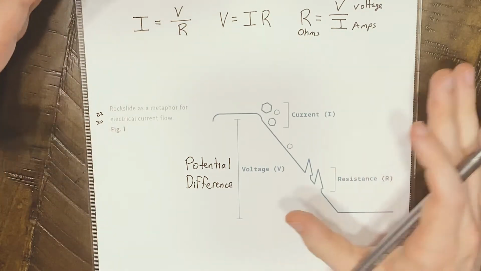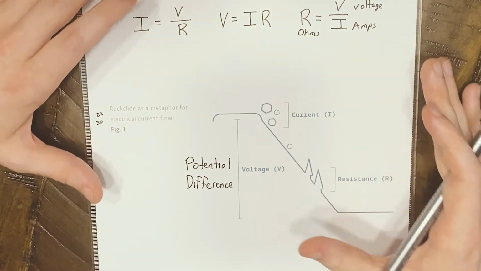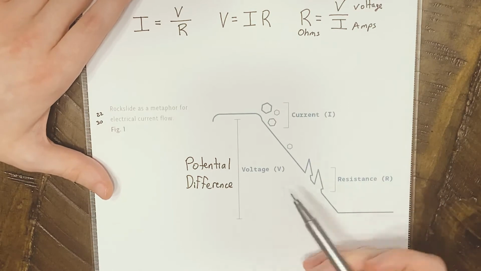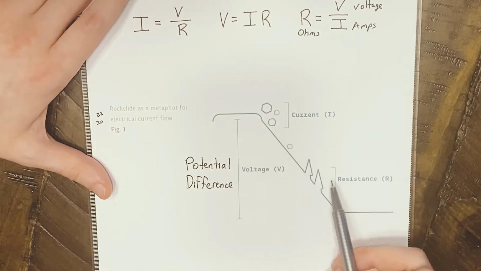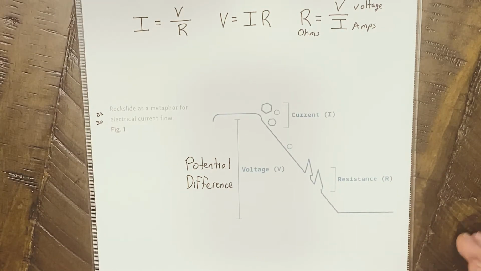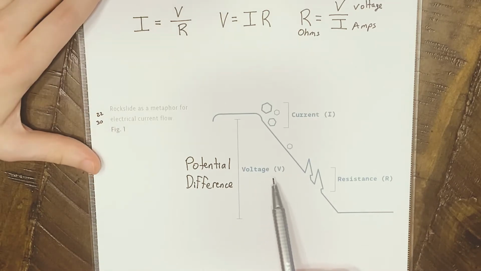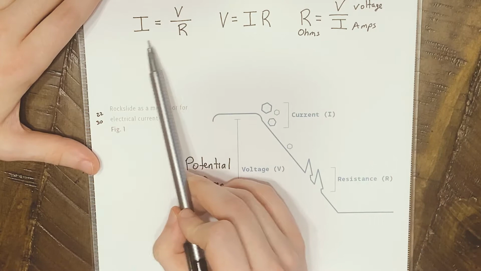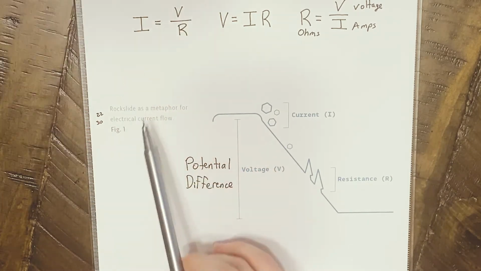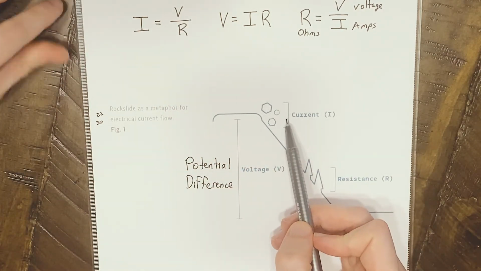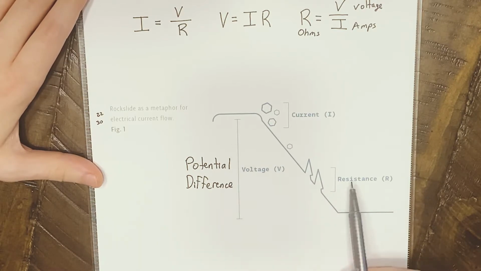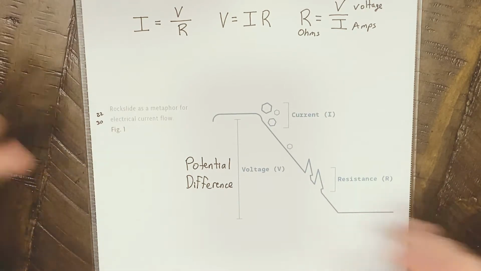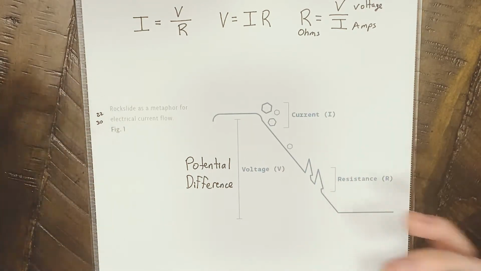So it's kind of a loose metaphor, but it's one that gets you in the ballpark of understanding how voltage, current, and resistance are related. And notice that these, voltage, current, and resistance, are the same things that we talked about up here in Ohm's law. So we know that the current is going to equal the voltage divided by the resistance. They're all independent, but they're all related.